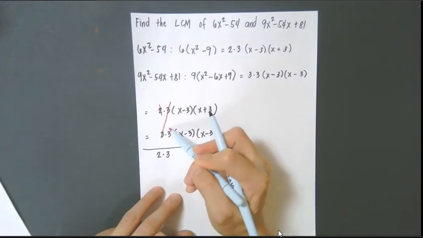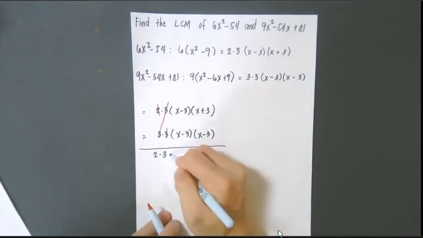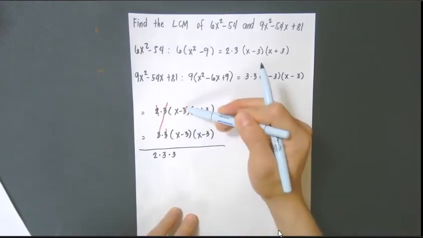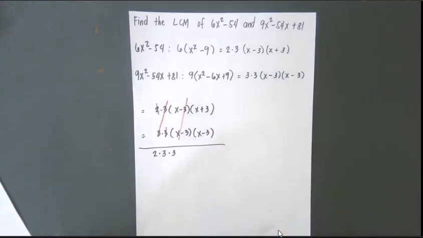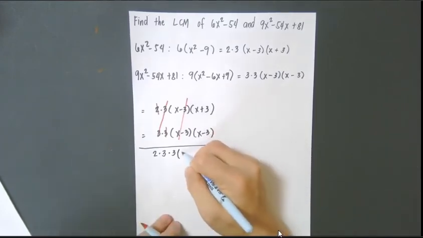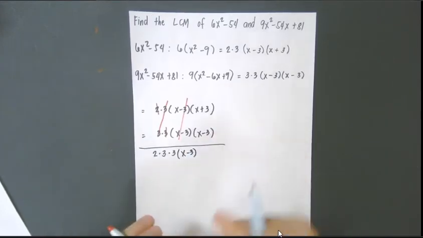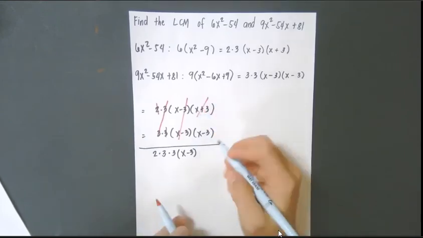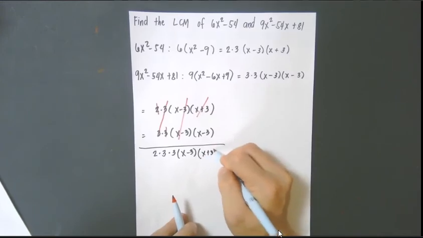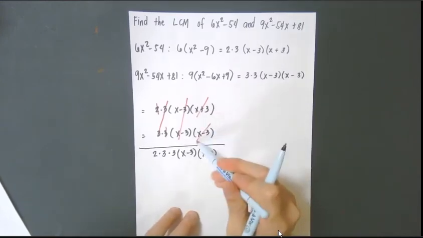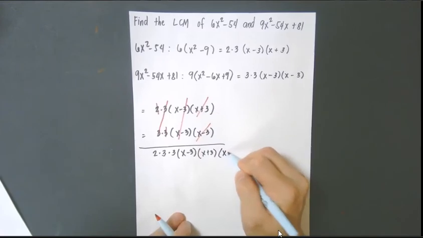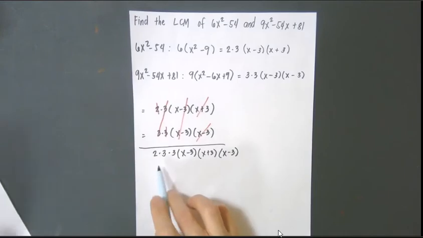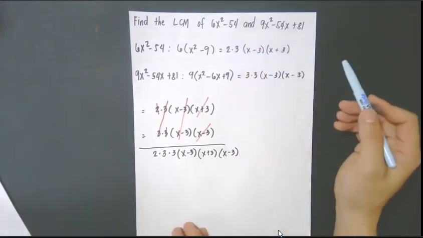I don't have a pair, so I'll put a line on it and write it as 1 here. x minus 3, I have an x minus 3 here, so put a barbecue stick on it and write it as one factor here. x plus 3, I don't have a pair there, but still I need to put a line on it. So x plus 3, then x minus 3. So this is now the LCM of the two expressions.